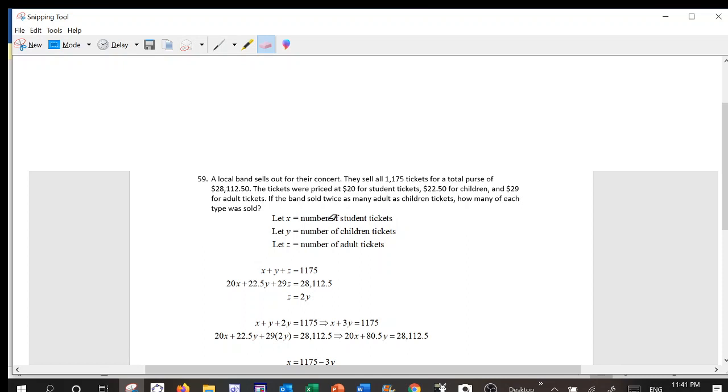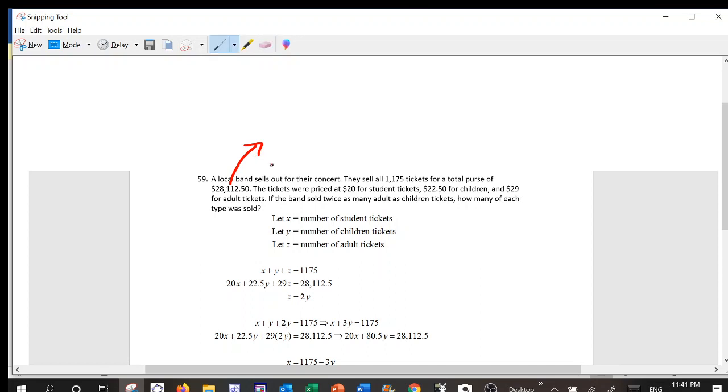Now we need another one. How do we find another one? Well, the total amount that I sold is $28,112.50. But where does that money come from?